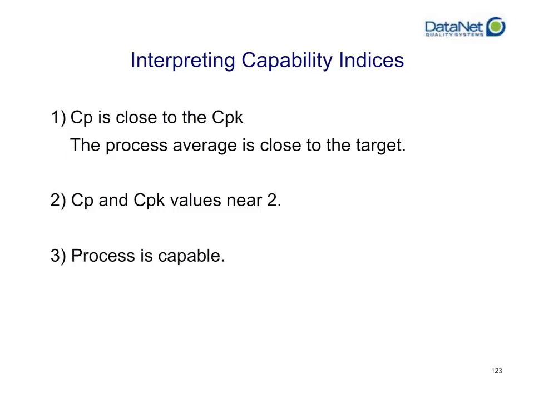And CP is close to CPK, meaning you're pretty close to where you want to be. Your process average is close to the target. You have a near 2 for CP and CPK, therefore you can make a pretty safe assumption that your process is in fact capable of producing product at a very high rate.